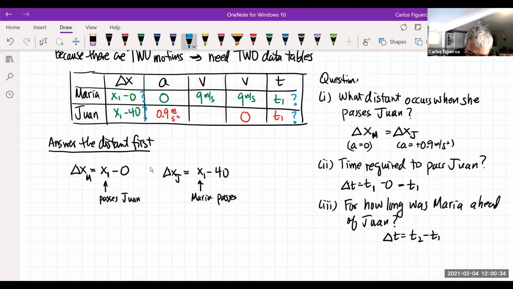Note that when I look at the final velocity of Juan at that interval, I should have put this in red because I want to keep trying to separate these guys. This velocity, I do not know. I do not know how fast he's going when Maria passes him. So here I go, I'm going to look at this equation. Now I'm going to focus on Maria.